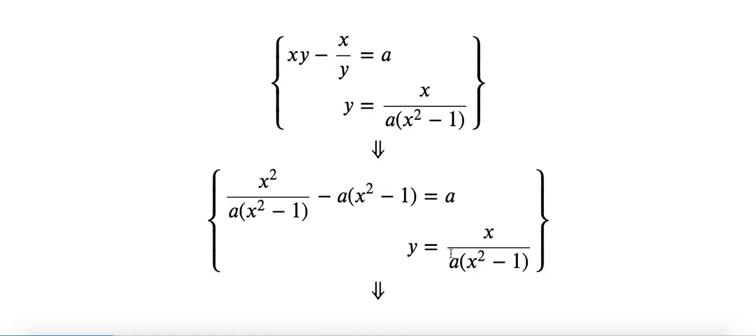For the second equation, we can take out the common factor y, and since x is not equal to 1 or minus 1, divide by this non-zero factor on both sides. To make this substitution into the first equation.